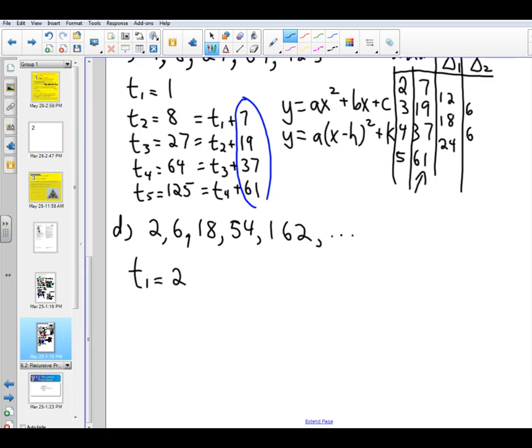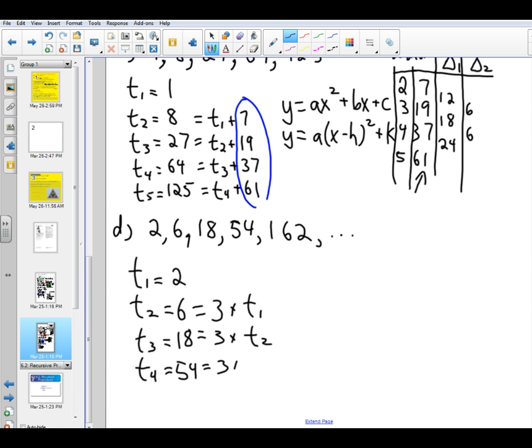Term 1 is 2, term 2 is 6, which, well, that's 3 times term 1, and term 3 is 18, and that's 3 times term 2, and it doesn't take me very long to figure out that every term is going to just be equal to 3 times the previous value. So that is an easy way for an exponential type sequence.